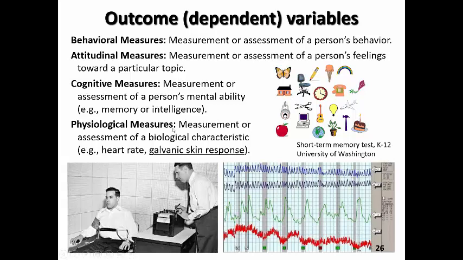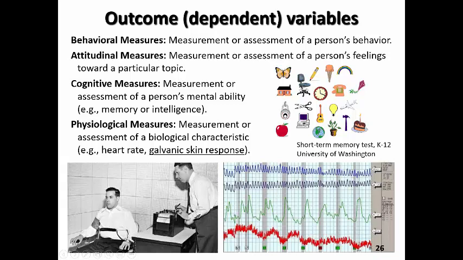In terms of physiological measures, these are assessments that evaluate a biological characteristic. Some examples include a measurement of heart rate, the galvanic skin response, or, taken collectively, what we see here as the so-called lie detector test.